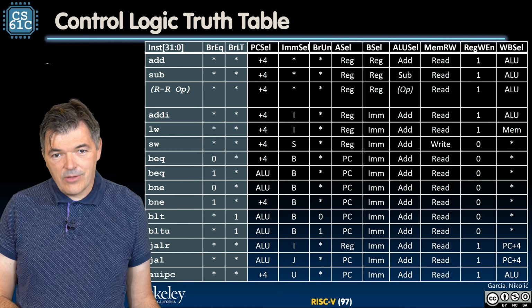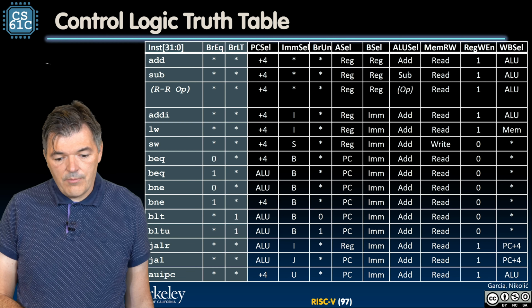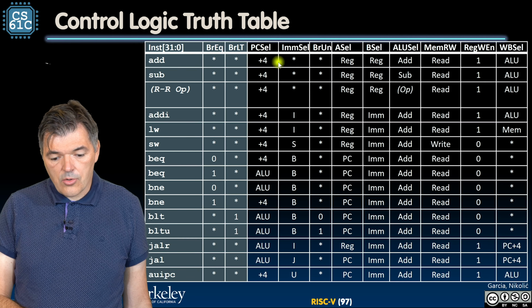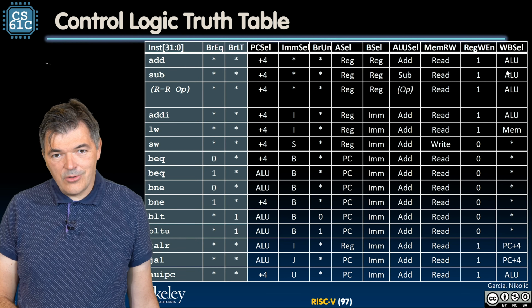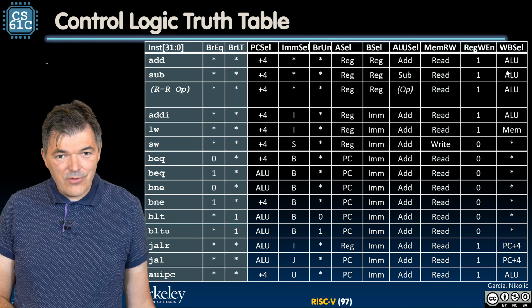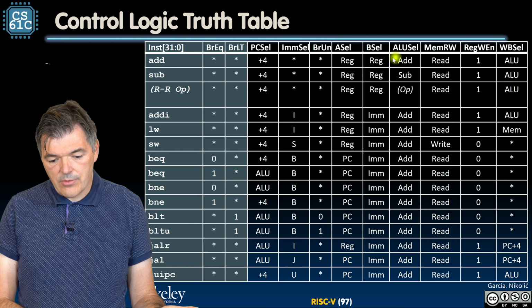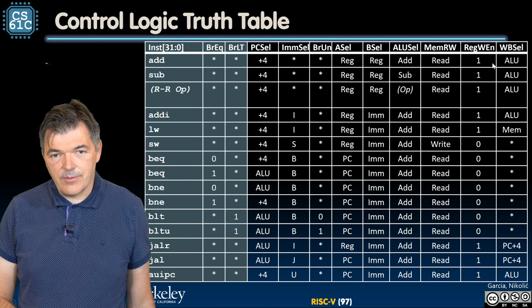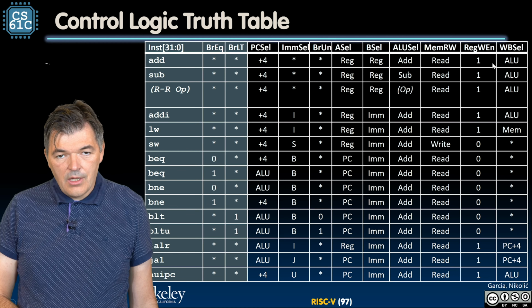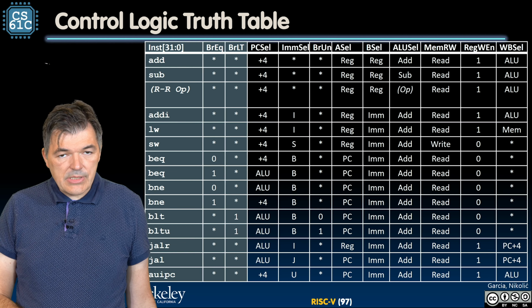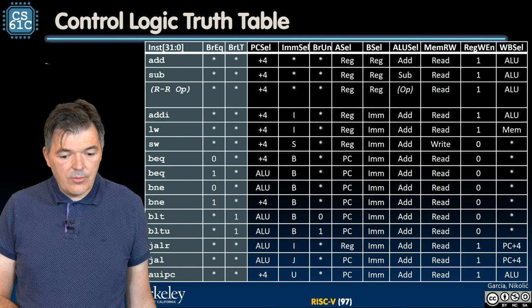The instruction that we are well familiar with is our add. The add has its control word encoded in the first row. So we can view this as a word. It has a number of bits, about 15 of them. It simply says what the control bits are supposed to be.